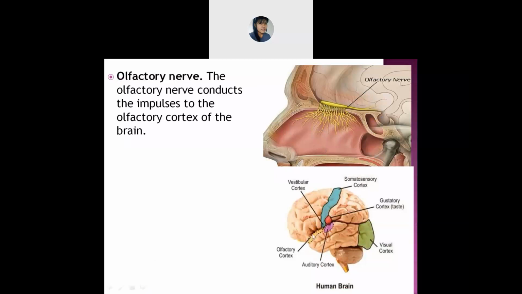The olfactory cortex. The olfactory nerves pass information to the olfactory cortex so that they can detect the exact smell whatever the person is getting. Is it clear? Yes, ma'am.